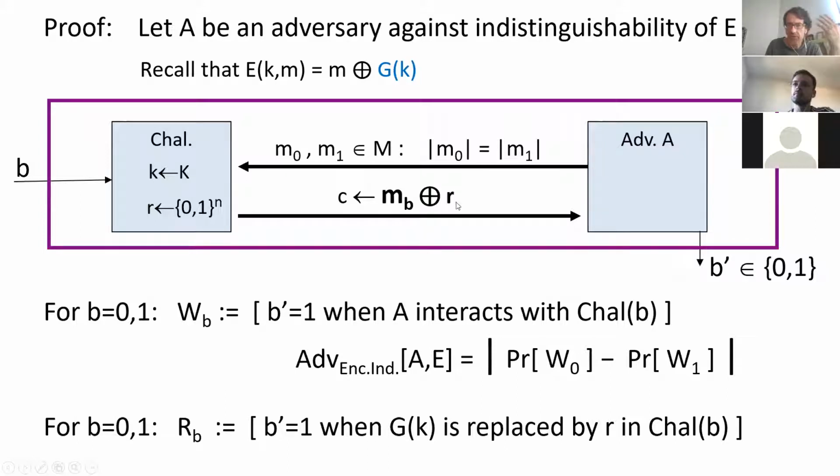In the case where GK is replaced by R, I will call that RB. So again, RB is the event that the adversary outputs 1 given MB XOR R.